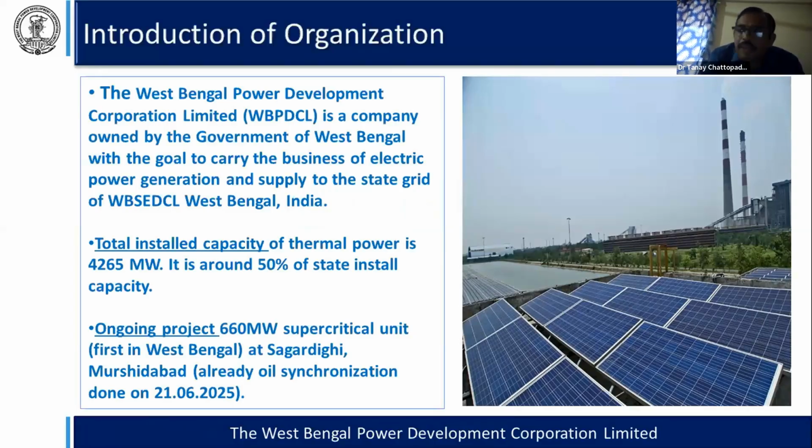Total installed capacity is now 4265 megawatt, which is around 50% of the state installed capacity. The ongoing project is a 660 megawatt supercritical unit, the first in West Bengal, at Sagardighi, Murshidabad. Oil synchronization has been done, and it is at a very advanced stage for synchronization.